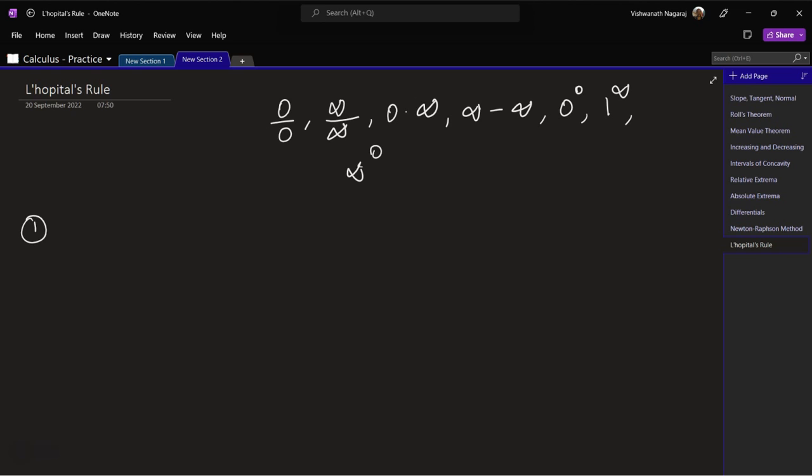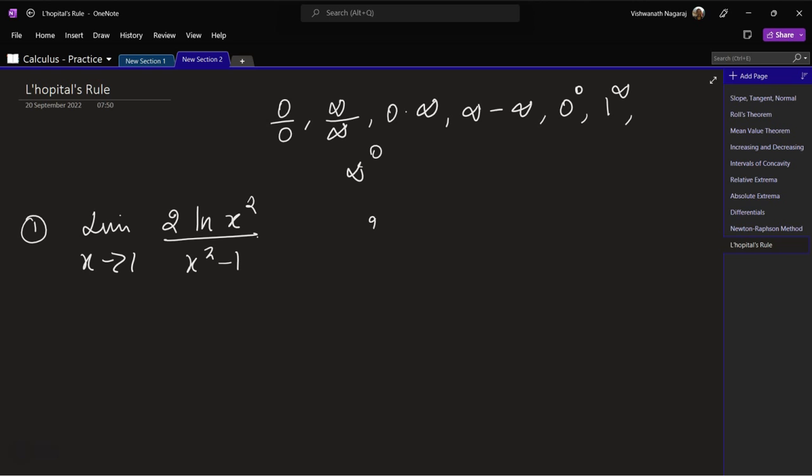So the first problem is the limit as x approaches 1 of 2 natural log of x square by x square minus 1. Now let's actually do direct substitution and see what happens.